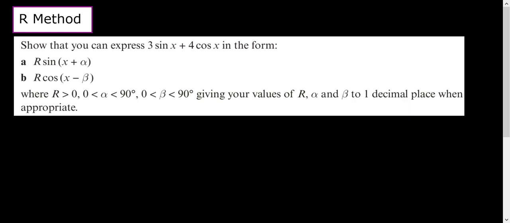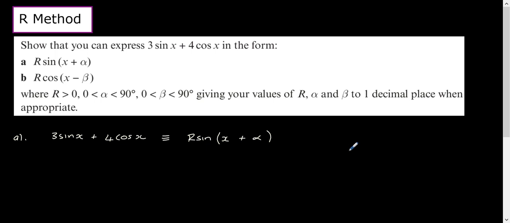So let's get to how we actually turn this into this. So I'm looking at 3 sine x plus 4 cos x, and I'm turning it into this r sine x plus alpha. Okay, that's the point of this.